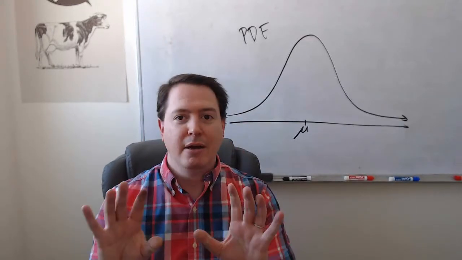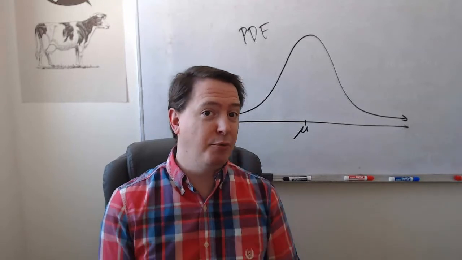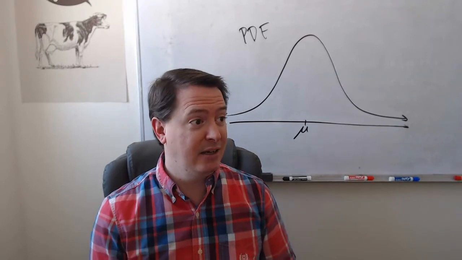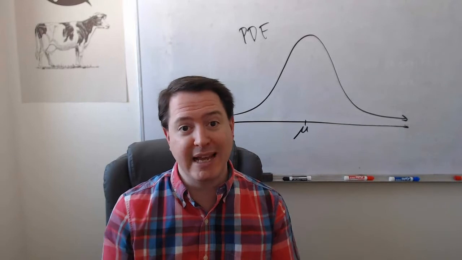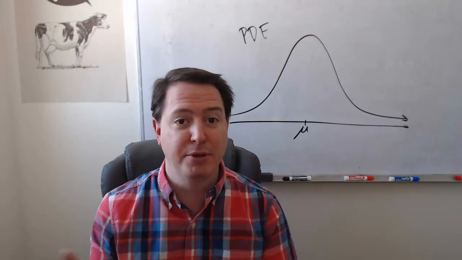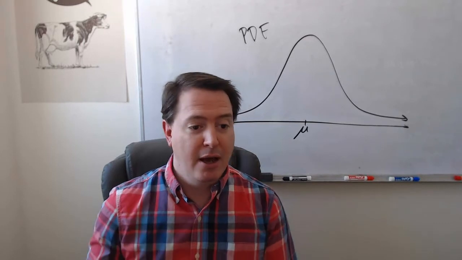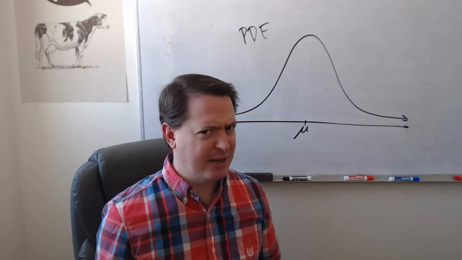So drop the baggage of the word normal distribution. This is actually a fairly rare distribution to see out in the wild in terms of raw data. But it's still going to be really important for reasons that we'll absolutely get to at the end of this unit. But for now, just know that we shouldn't necessarily expect our data to look like this.